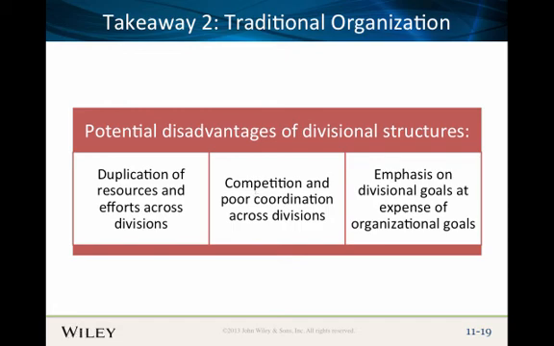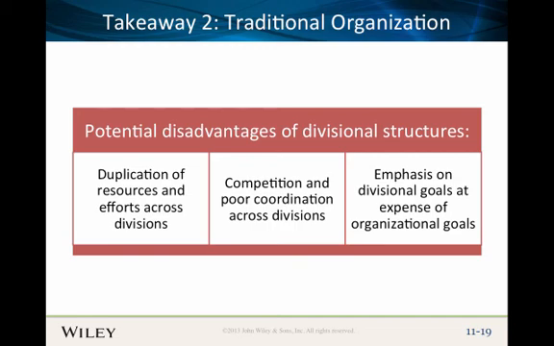Yes, while it is better at cooperation within the division, there might still be competition across divisions. So, in going back to our example, there might be competition between the Asian division and the European division. There is great cooperation within each division. Everybody in the Asian division works well together, fantastic.